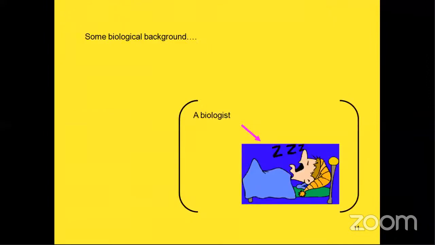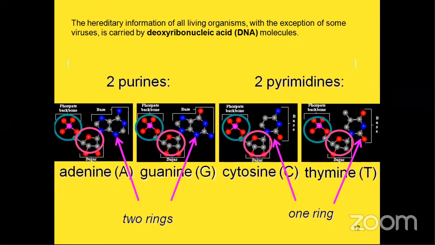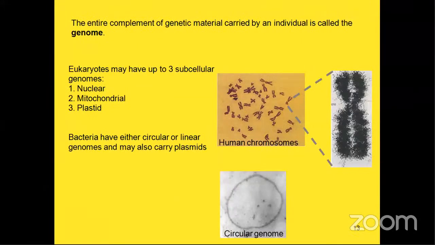So this is basically the fundamental aspect. Purines and pyrimidines of DNA: purines are the two ring DNA bases, and pyrimidines are the one ring DNA bases. And how are the DNA bases present? They are present in the genome, and the chromosome contains various types of DNA bases.